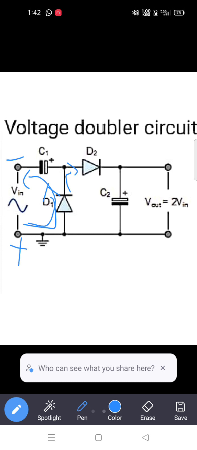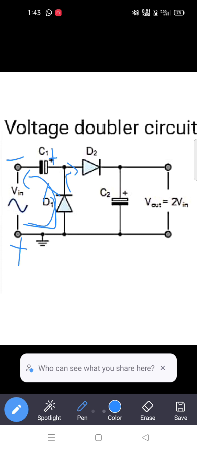Here you can say that we connected the capacitor with the plus sign here, so it will be charged. It will start charging up to the voltage V, whatever the input voltage rating is, the maximum voltage will be charged to the capacitor.